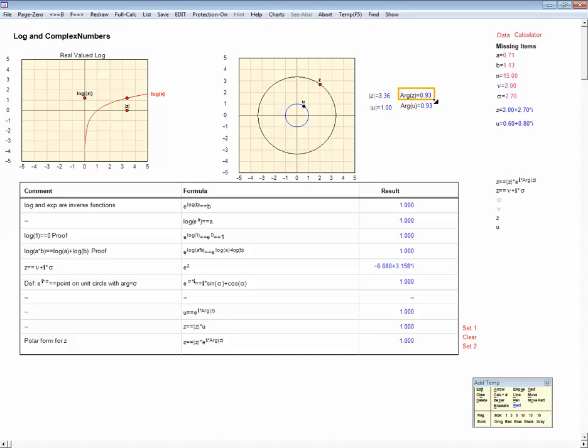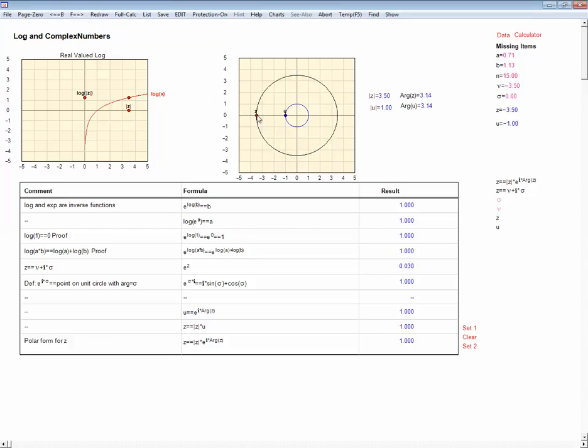Let's look at a few more to get a feel for what the arg is. If I put z right up here on the y-axis, then the arg of z is actually pi over 2, which is 1.57. That's this number over here. Or if I put z right over here on the negative x-axis, then the arg of z is pi, or 3.14.